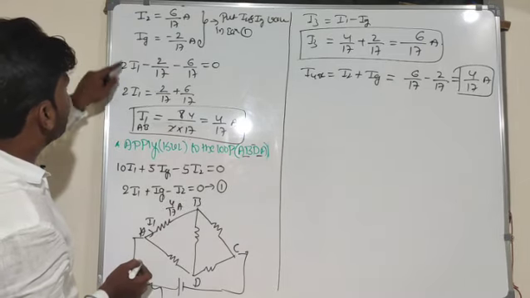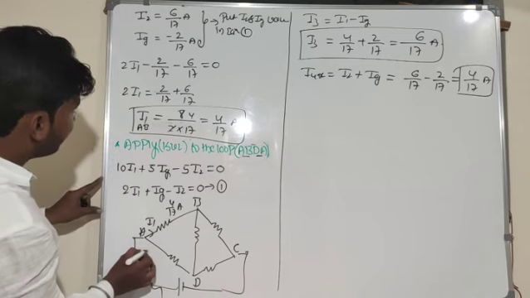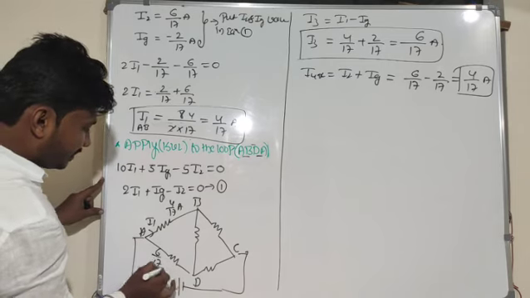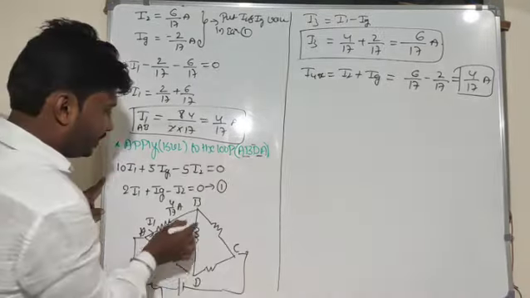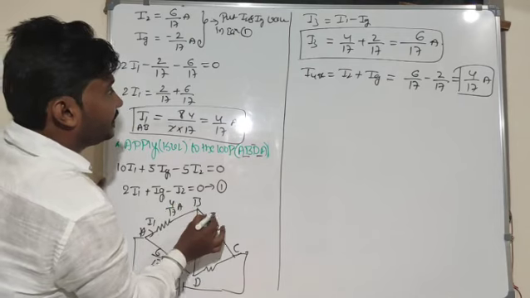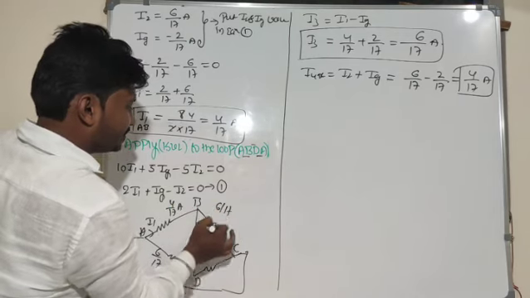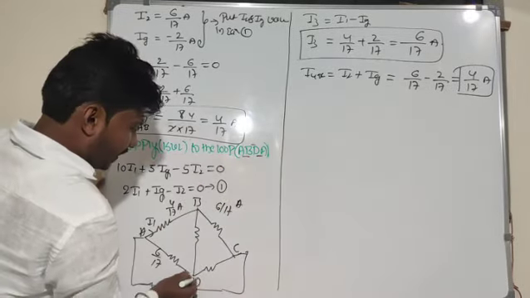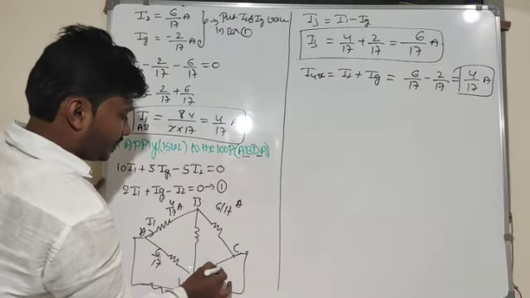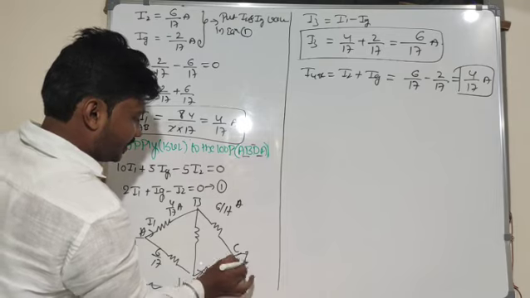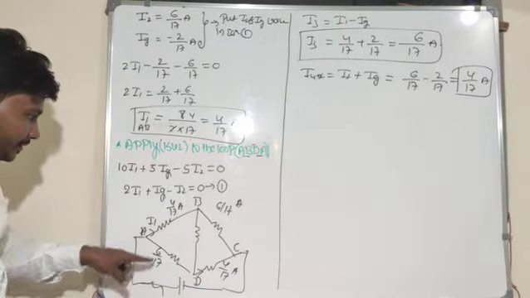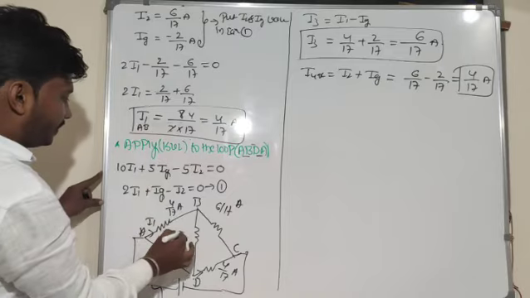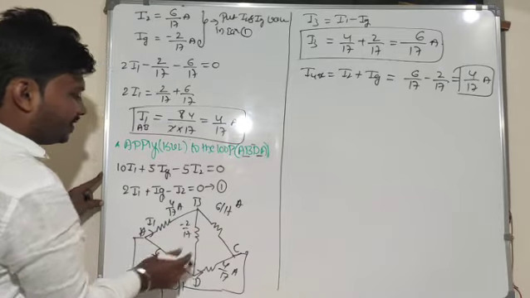Next, I2 means between A to D, 6 by 17 ampere. B to C, that is I3 value, also 6 by 17 ampere. D to C is 4 by 17 ampere. Next, this one between B and D is minus 2 by 17 ampere.